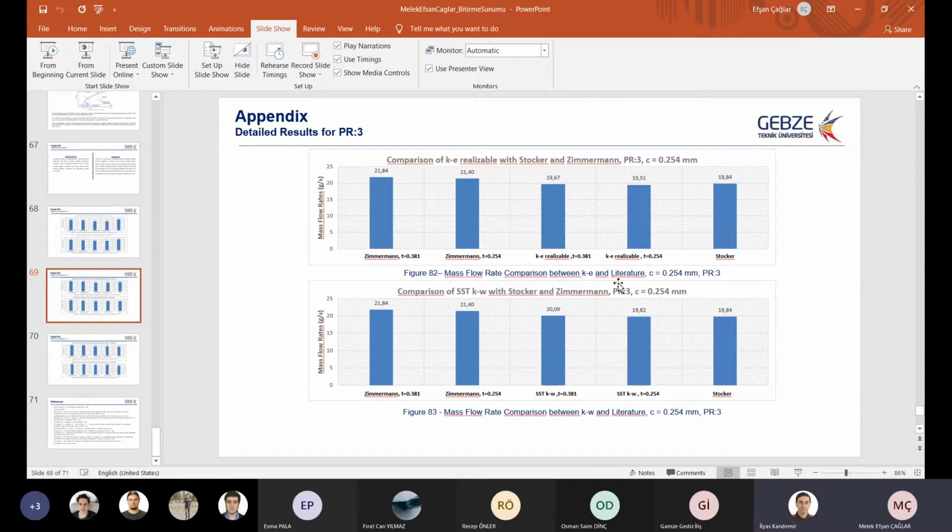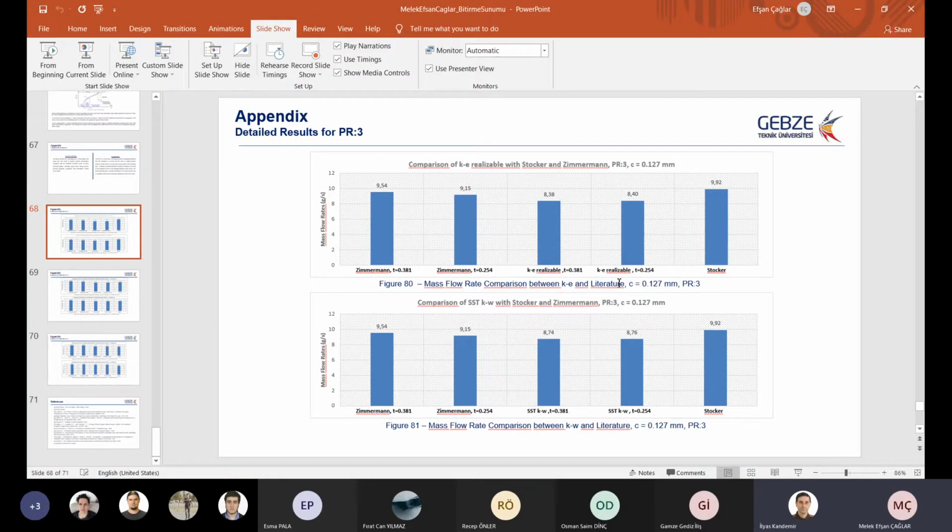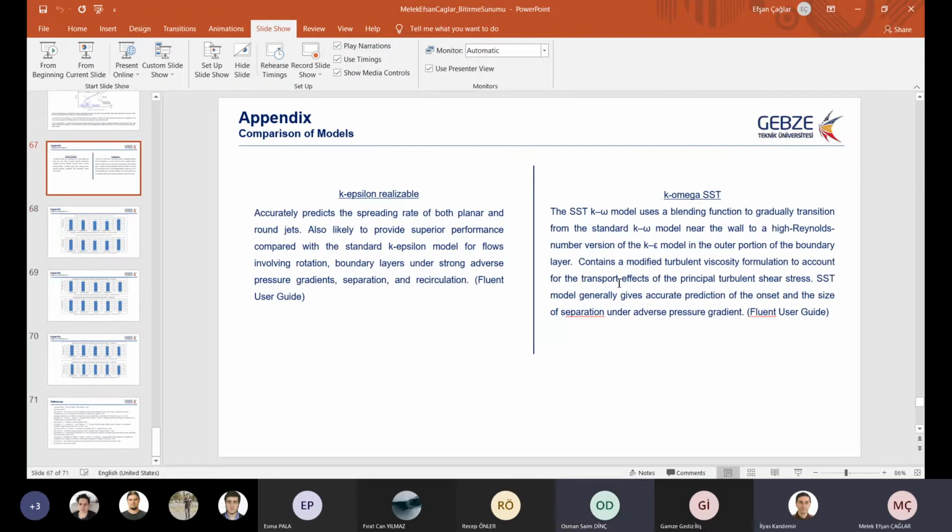Okay. What turbulence models did you choose? K epsilon, K omega, and? Yeah, I didn't have time to explain it, but I have chosen K epsilon realizable and K omega SST, but K omega SST provided better solutions for my case.